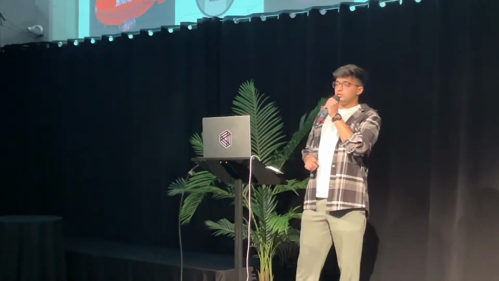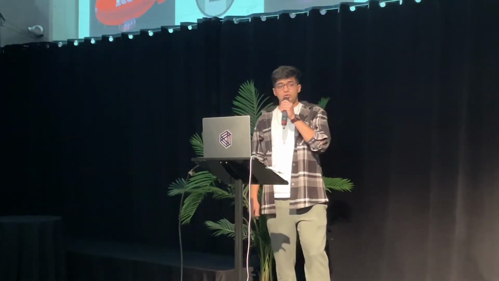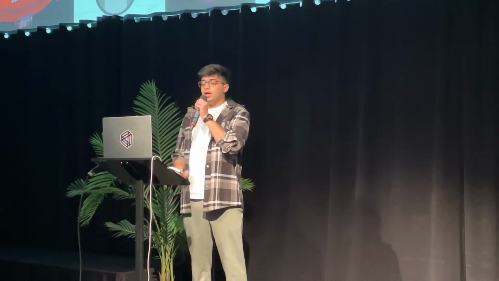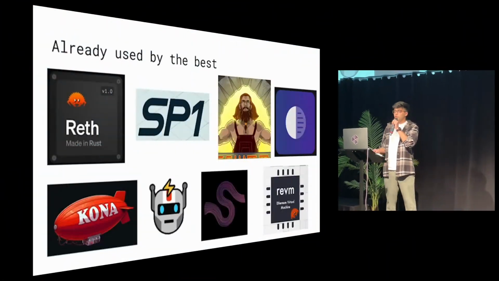So Alloy is right off the gate already used by the best teams to develop state-of-the-art products, such as Reth, Foundry, the SP1 zkVM, companies doing data, infra, MEV stuff, and also the fraud-proof implementation by Optimism, Kona.